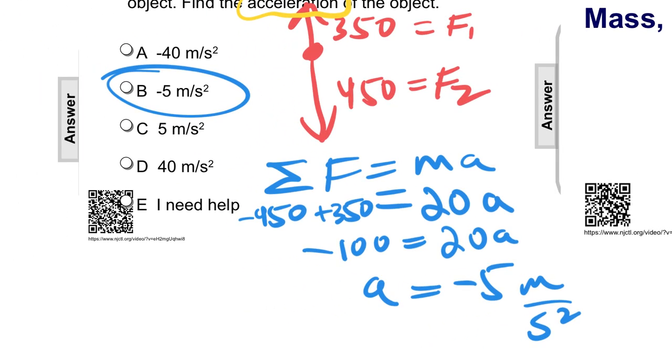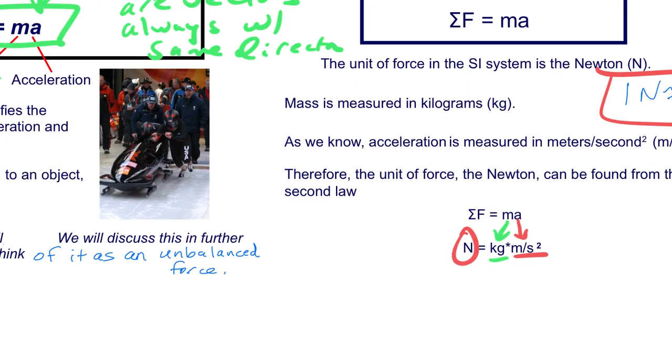Okay, now, before I go on, let's go back to the second law. Some concepts. So I'm going to go back to this equation.